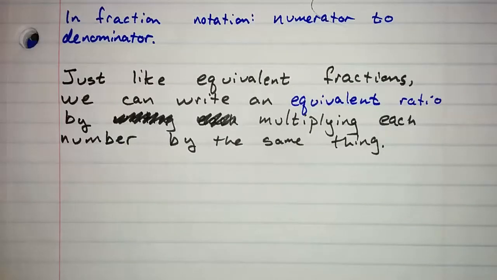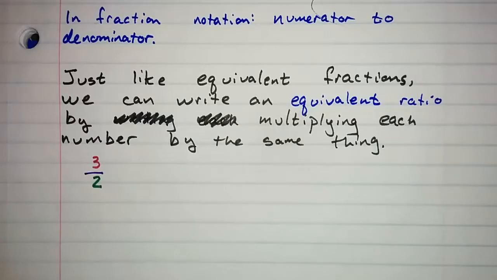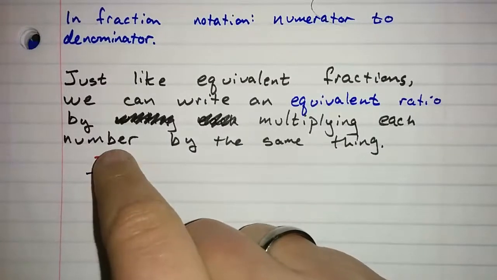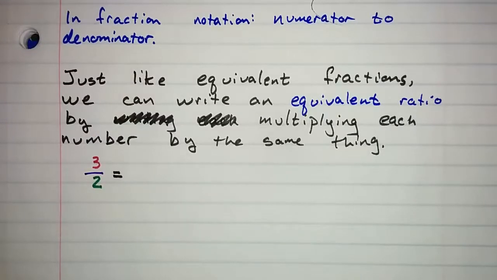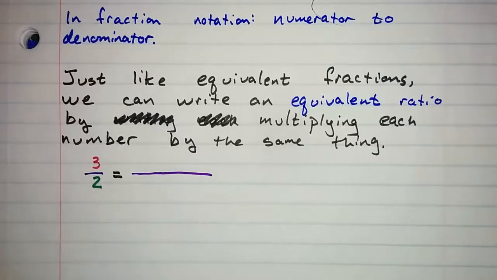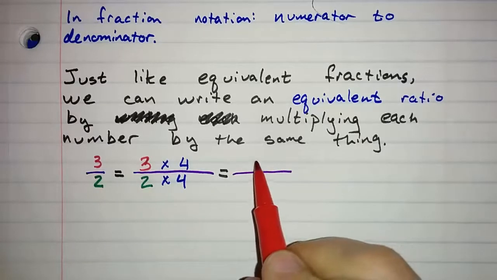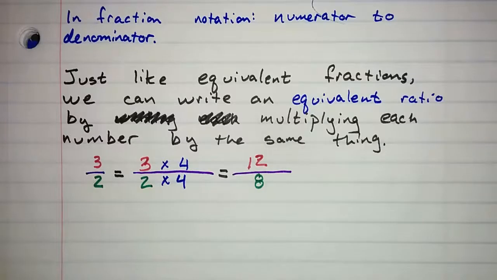So as we saw earlier, and this is easiest to see in fraction notation because we're used to playing this game with fractions, the ratio 3 to 2, 3 circles for every 2 squares, is the same as, well, we could take 4 units like this. So we could have 4 groups of 3 circles, 4 groups of 2 squares. We could have 12 circles and 8 squares. Notice, however, there's no reason to have only whole numbers involved.